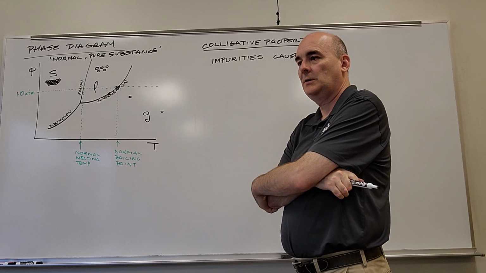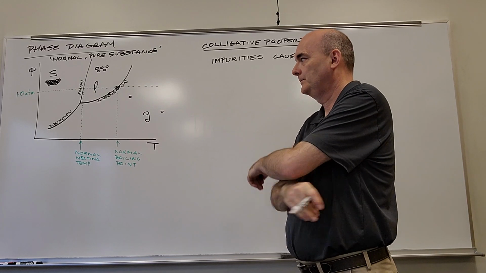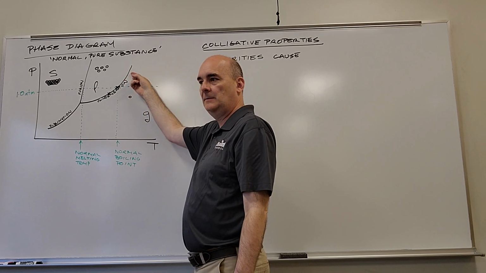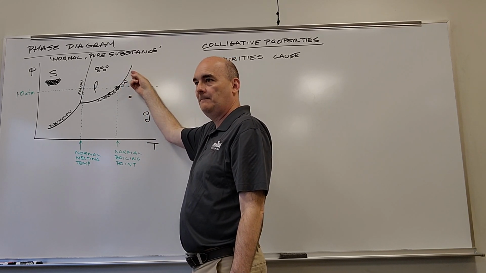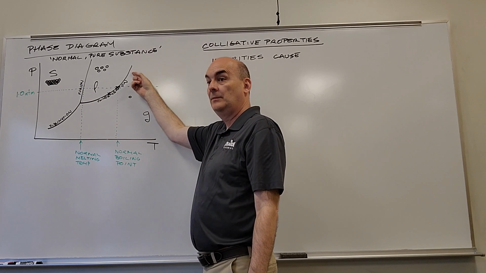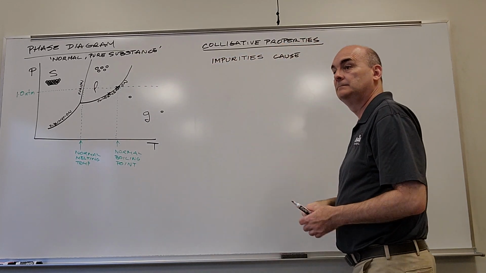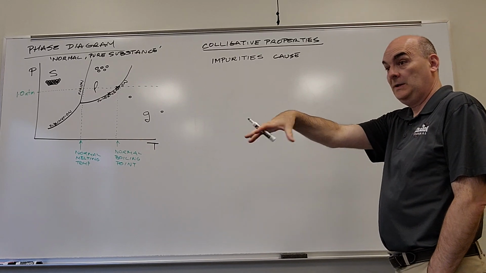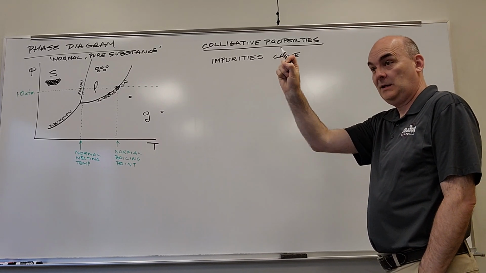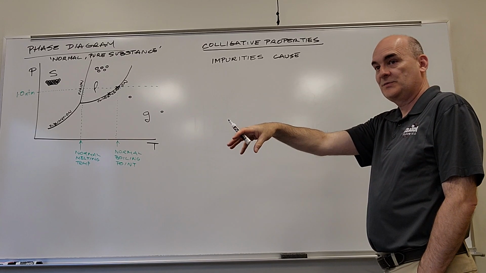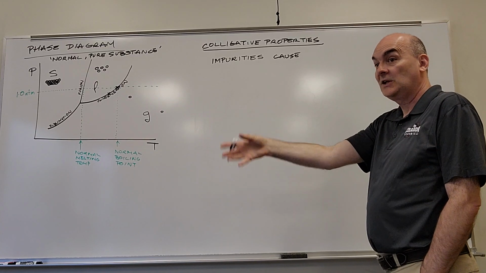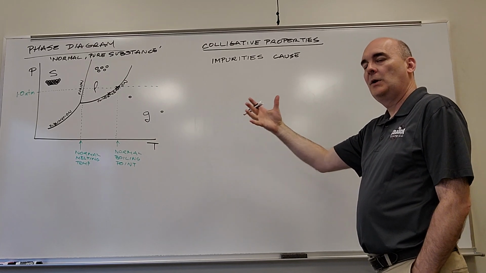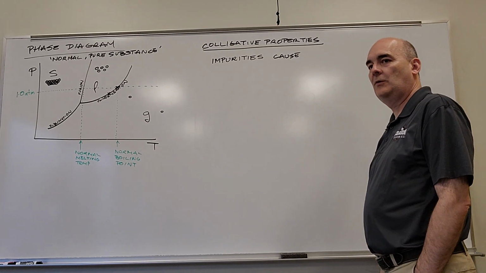That's how pressure cookers work. If you increase the pressure, you drive me up this line. Okay? Or you could add an impurity. If you add salt to boiling water on the stove in a pan, it stops boiling. It starts accepting more heat, and then when it boils again, it's now boiling at a higher temperature than it was before.